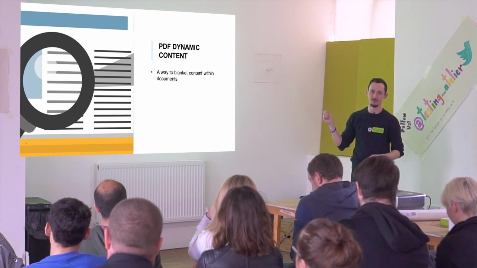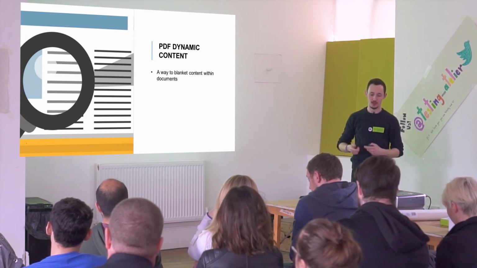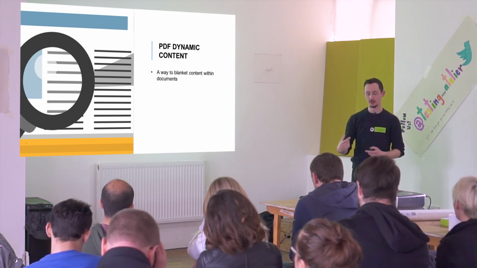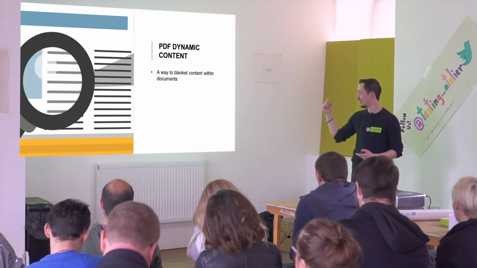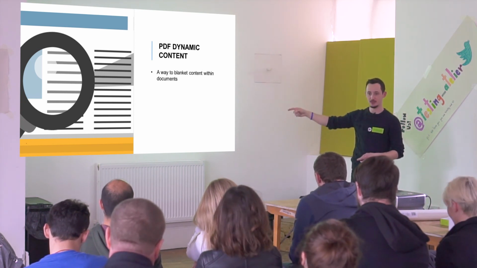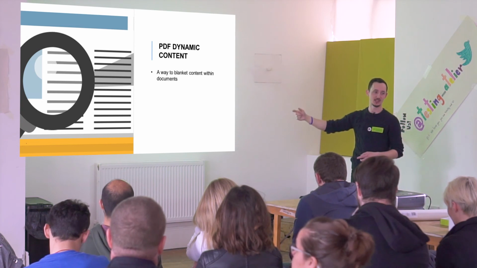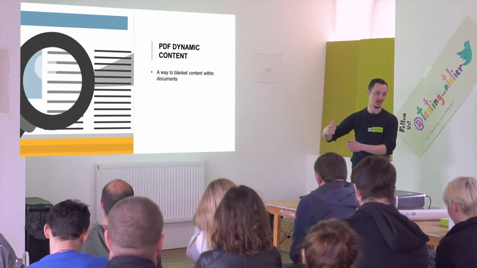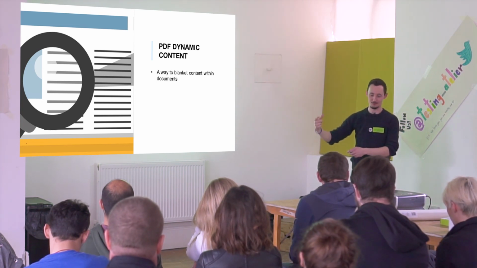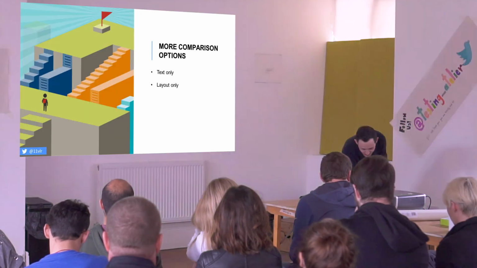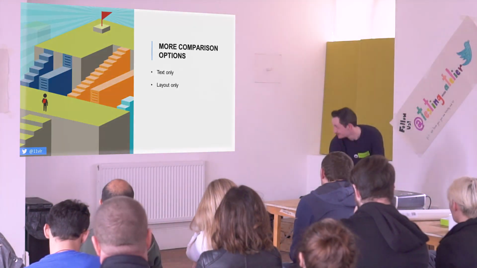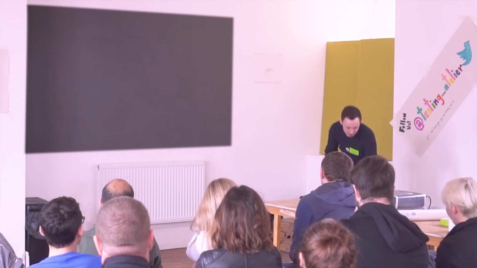So what we've done is we've written a bit of code that will work out what today's date is, find the date that we know is going to be stamped in the document, and then we find it by regex, replace it, and then we know that every time we run comparison on the PDF, it's always going to be the same.